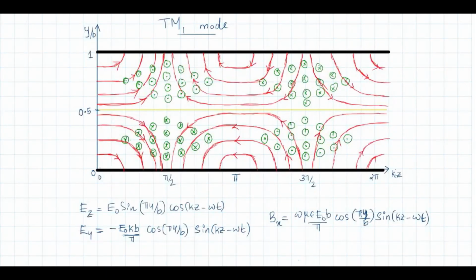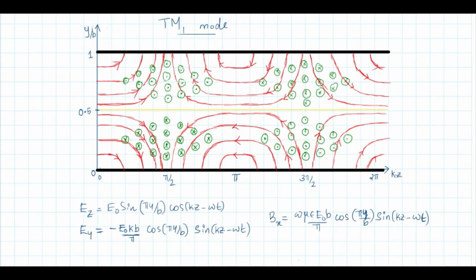Now I will explain the field configuration between the parallel plates for a TM1 mode, transverse magnetic 1 mode. In the horizontal axis, I have kz. So this is the z direction, and the vertical direction is y, and I marked y divided by b on this vertical axis.